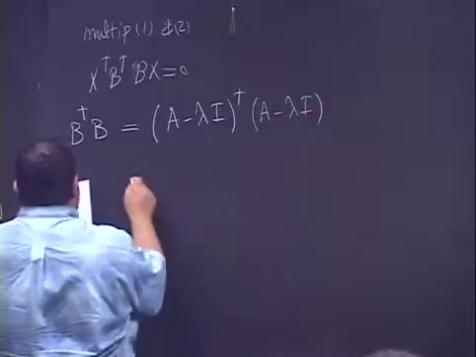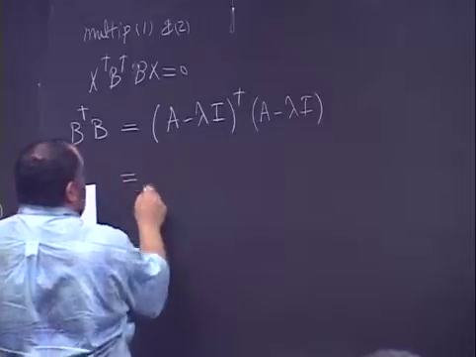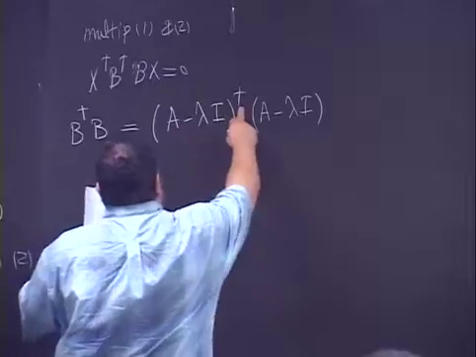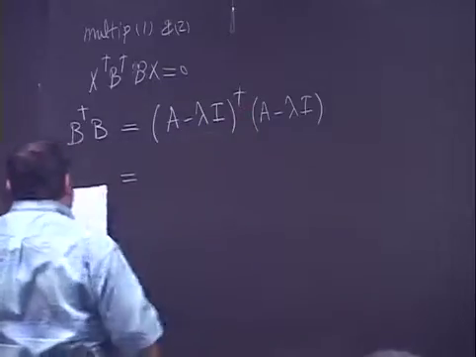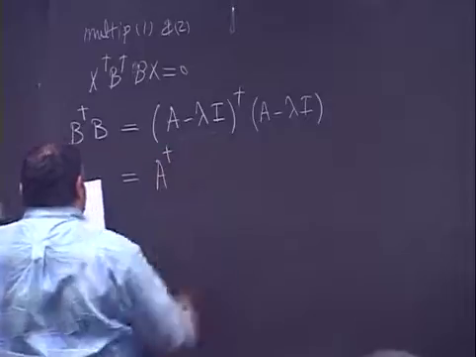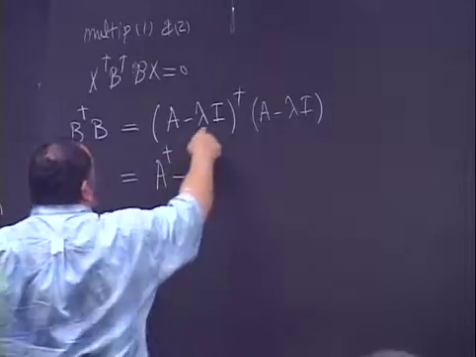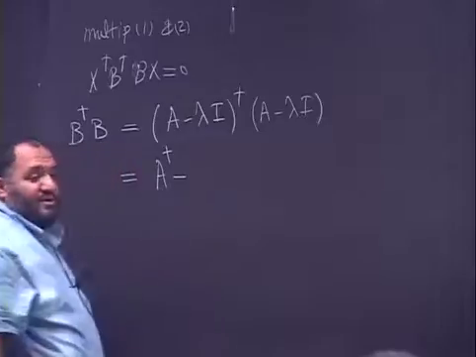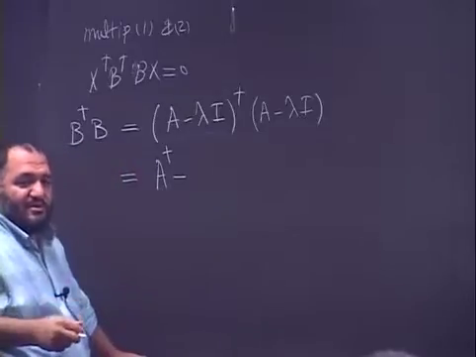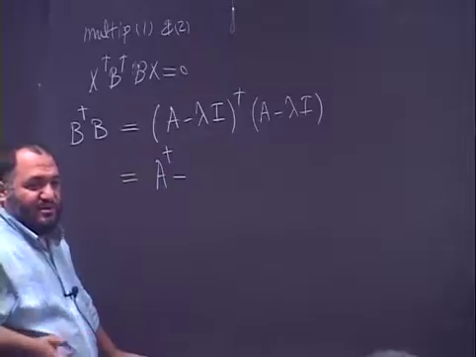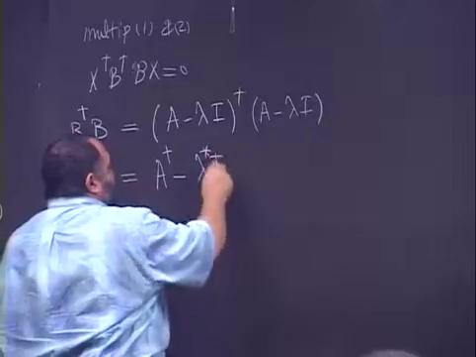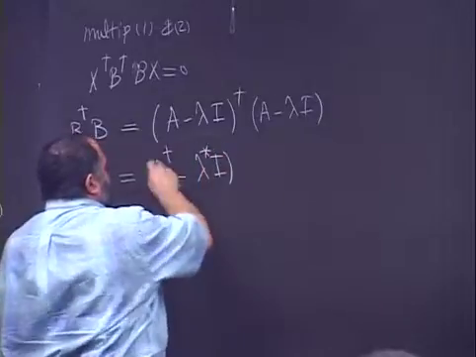Then to get the adjoint of this matrix, this gives you A adjoint minus, what's the adjoint of a number? It's transpose, then take the complex conjugate. But the transpose of a number is a number, so it will be the complex conjugate of this number.